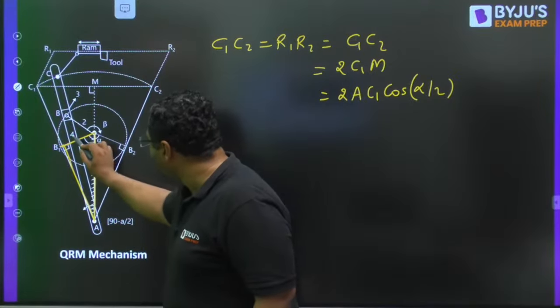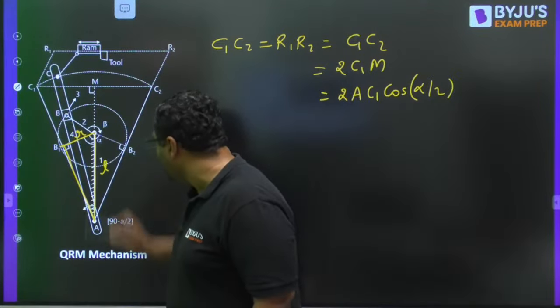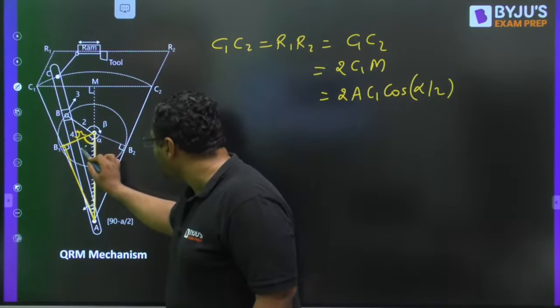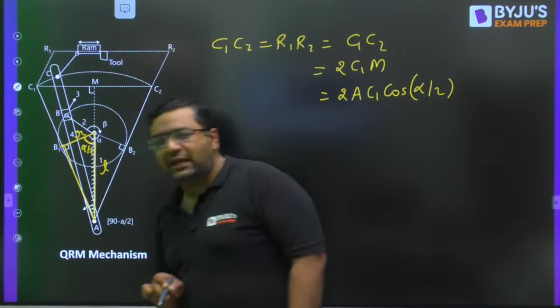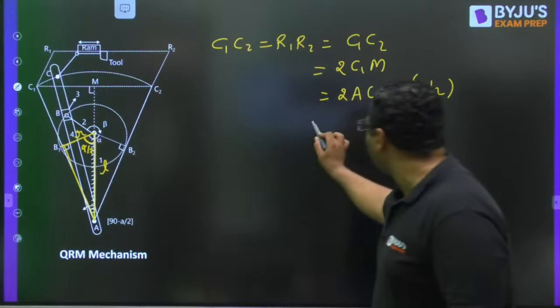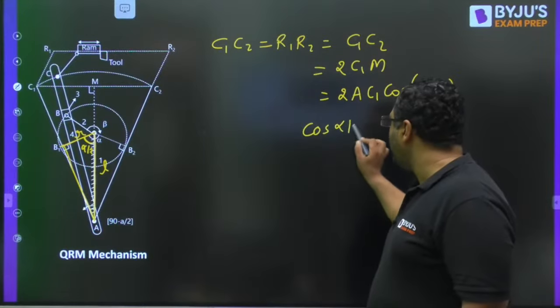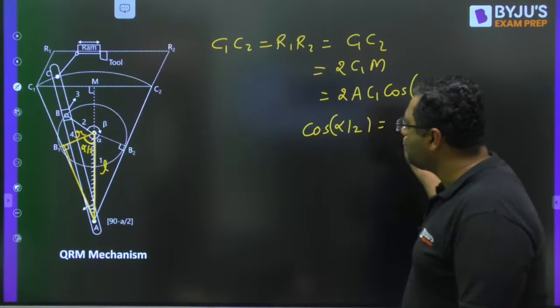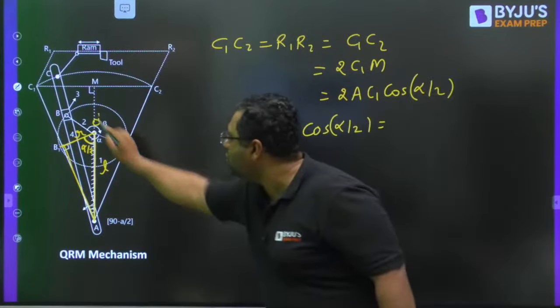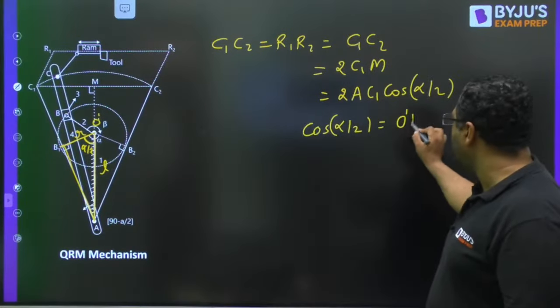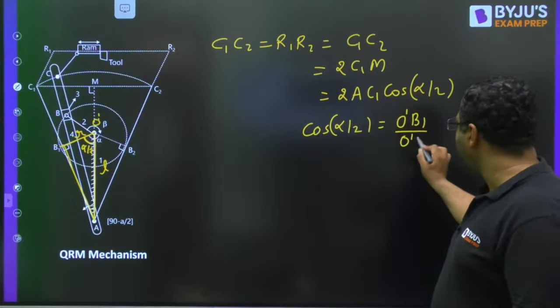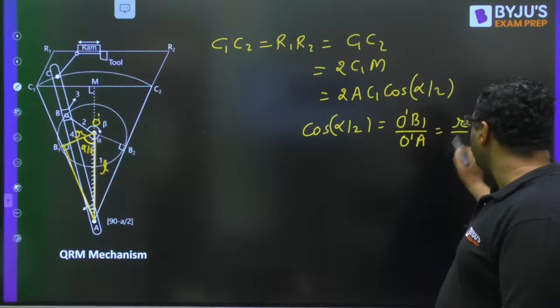You already know this value is R, this value is L, and this angle is alpha by 2. From this triangle you can write cos alpha by 2 equals, this is O dash, O dash B1 by O dash A, which is R by L.